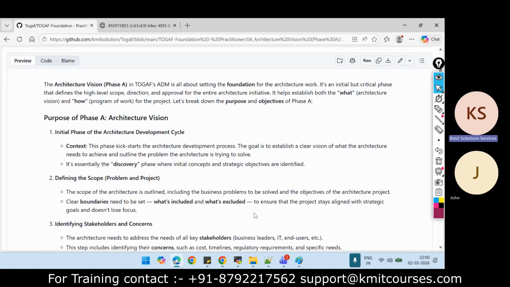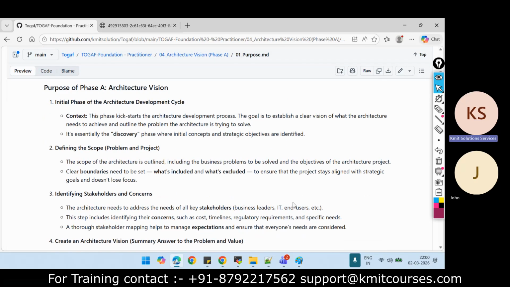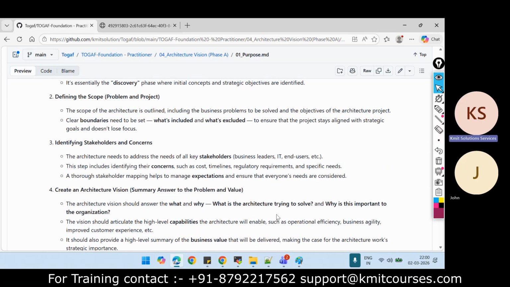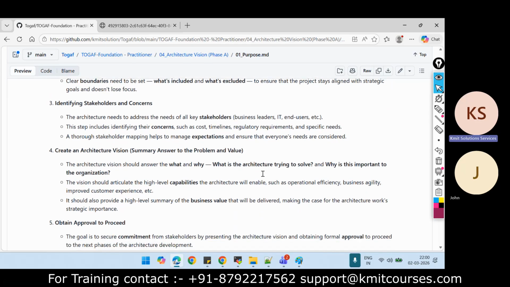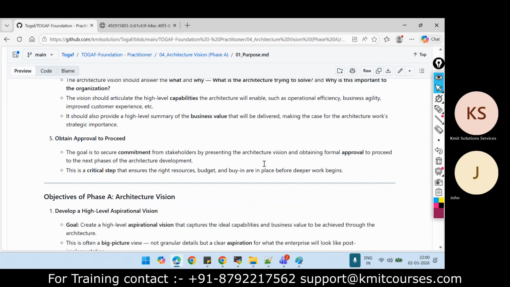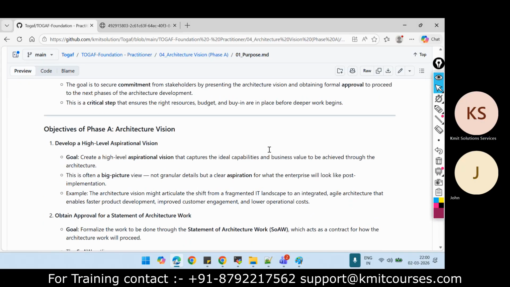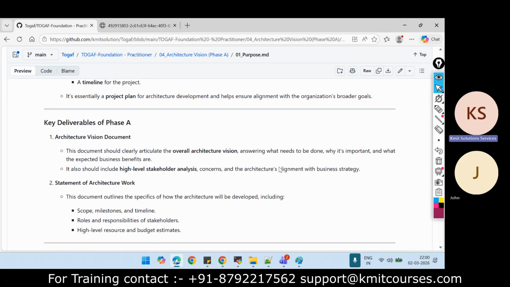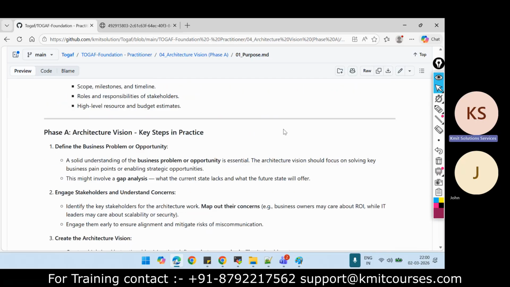These are the points which I have discussed: defining the scope, problem, and project, identifying stakeholders' concerns, creating the architecture vision, and obtaining the approval to proceed. These things we will discuss maybe tomorrow. Do you have any question?